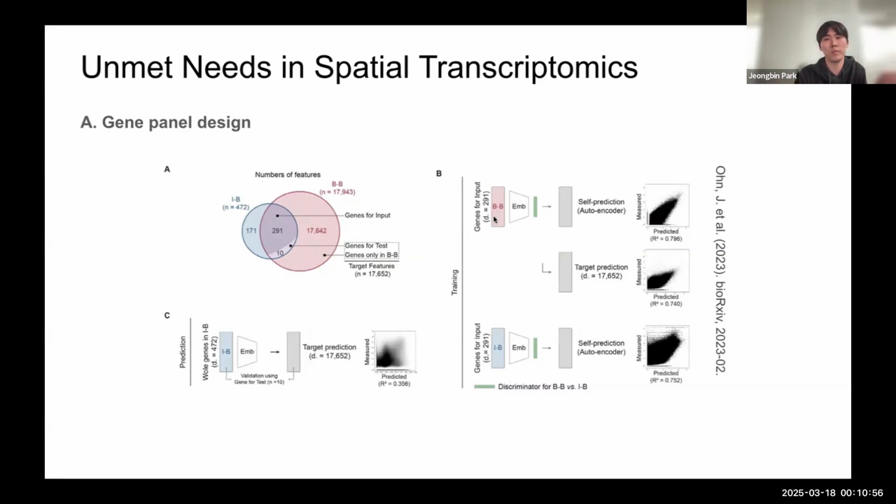Please note that the barcode-based one and the image-based one have different distributions of gene expression. And when we introduce a discriminator, the discriminator discriminates between the two, but our aim is to minimize their difference so that the discriminator does not work well.